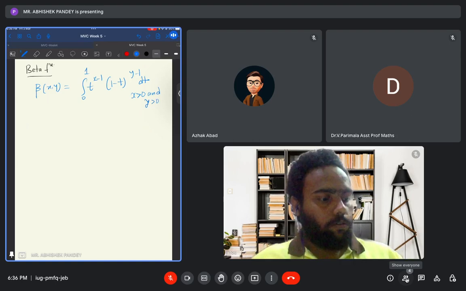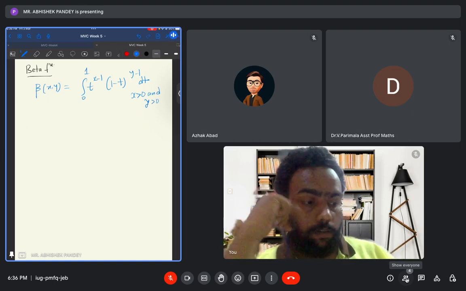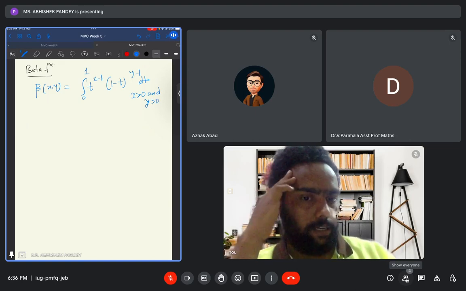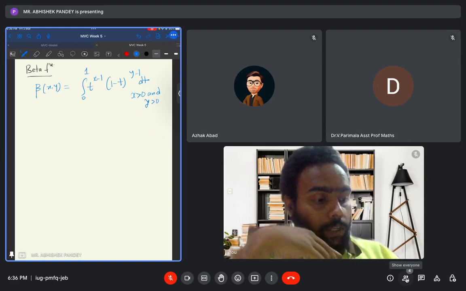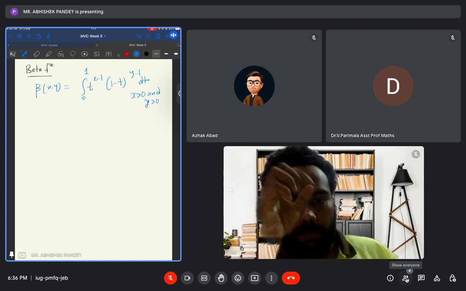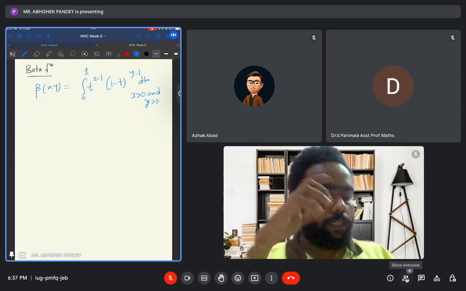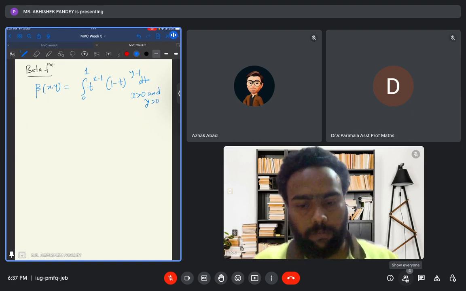If x and y are both greater than 1, this integral is a proper integral. But if x is between 0 and 1 and y is between 0 and 1, this integral is improper. But you can show that the integral will converge, so the beta function is well defined.